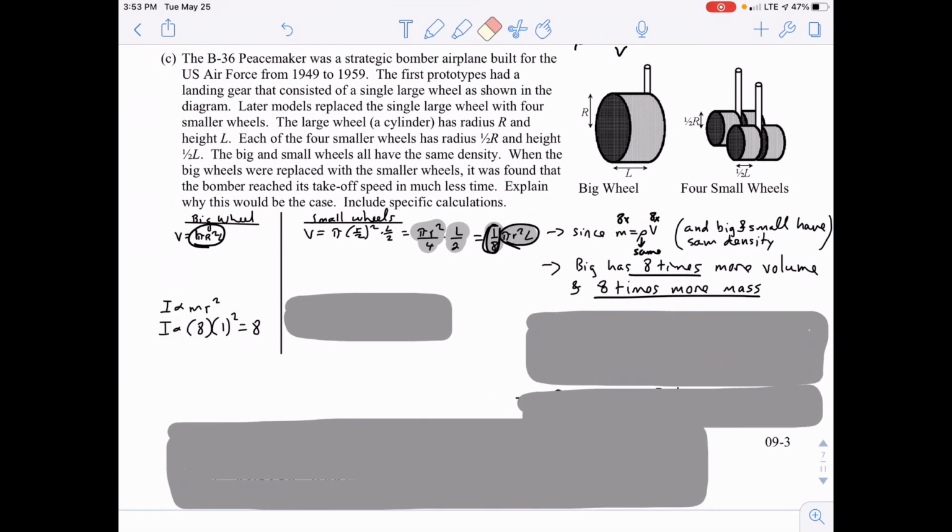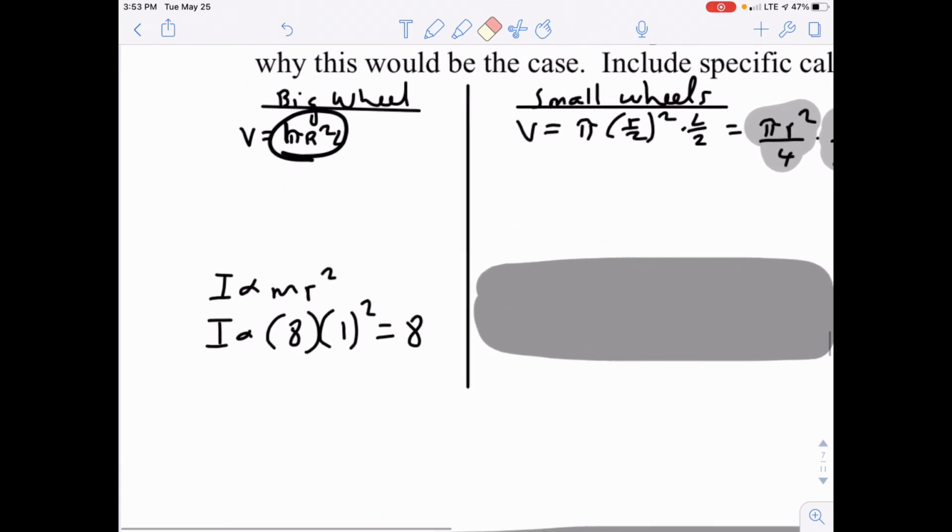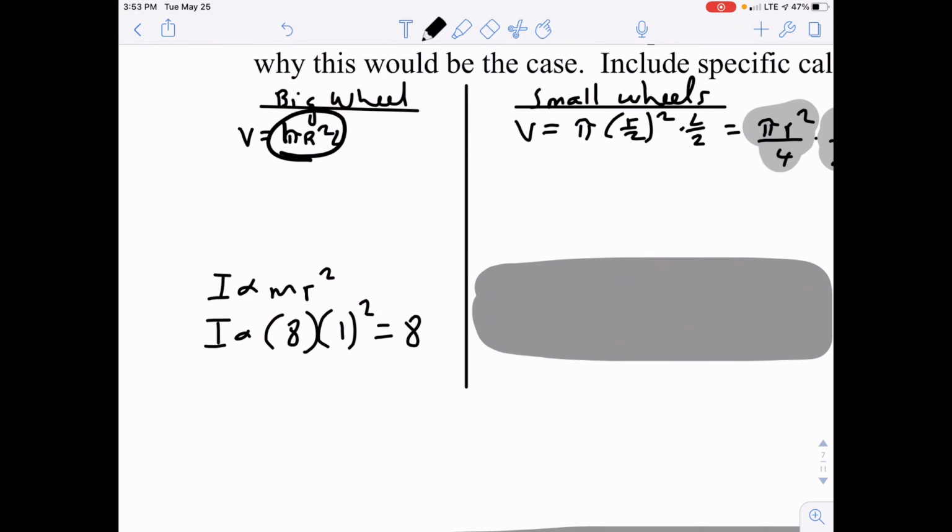Now we need to incorporate rotational inertia, because rotational inertia is what resists rotation in the first place and resists the acceleration of those wheels. Well, if we recall, it doesn't matter what shape it is. An actual disk is usually 1/2 mr squared, but I is always proportional to some mr squared.